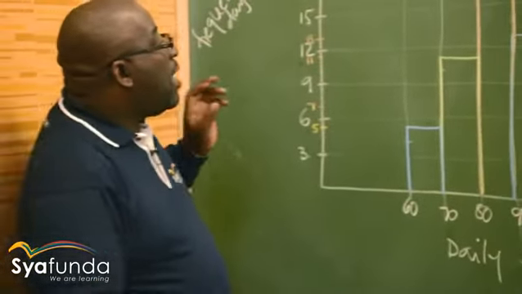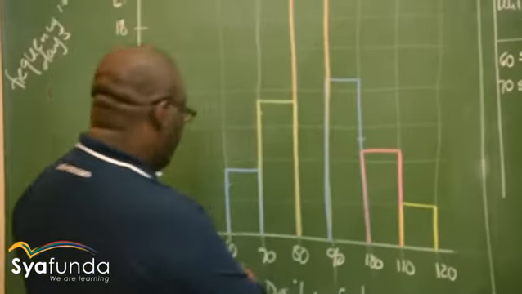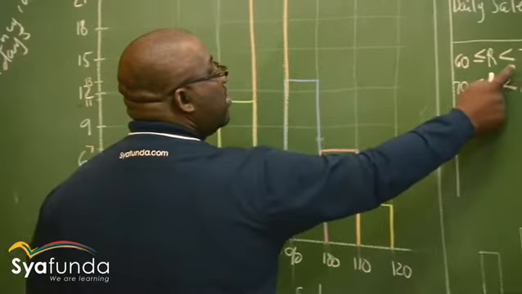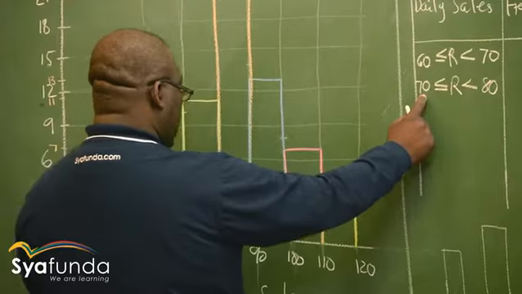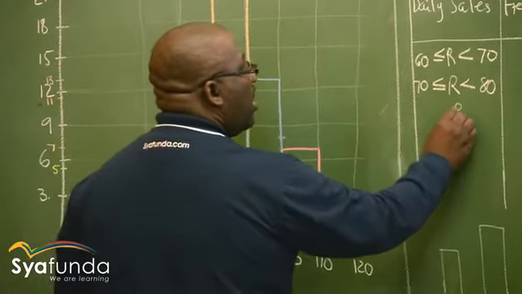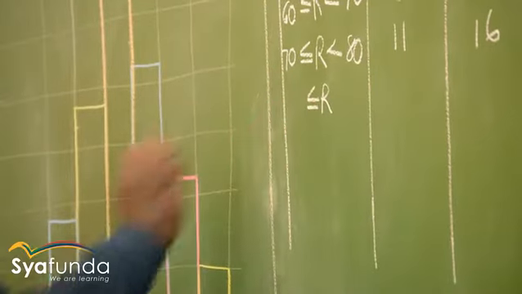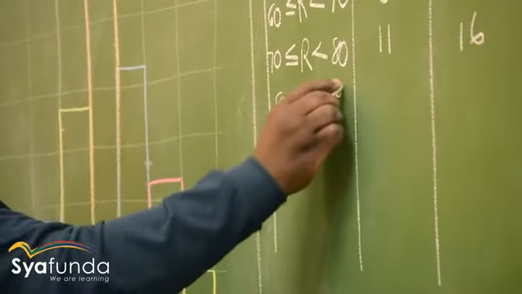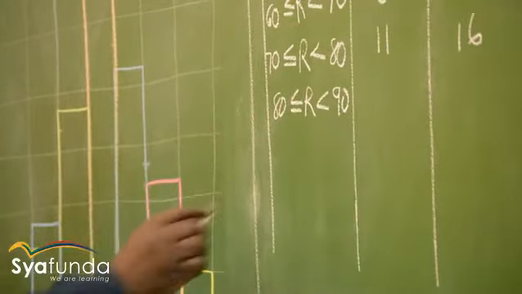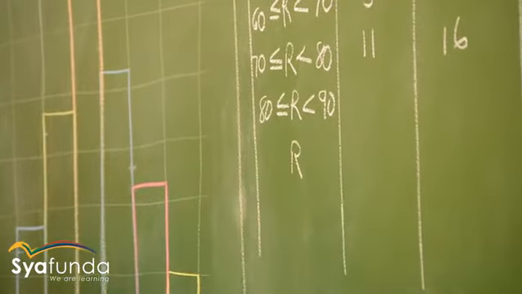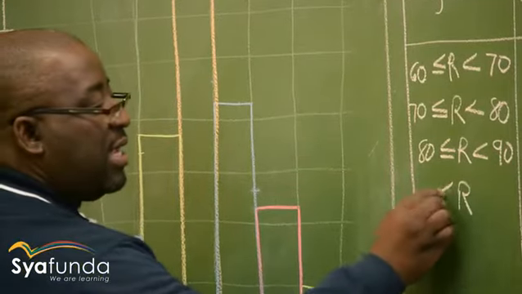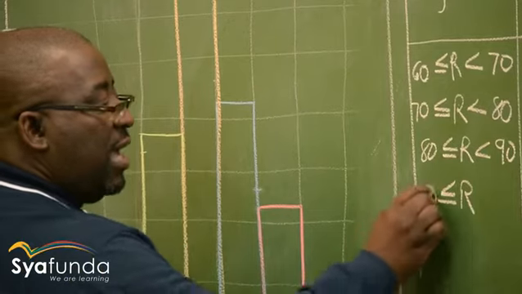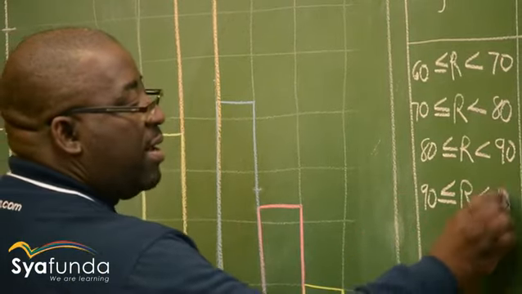Right. After this, let's look at this one. We've done between 60 and 70, and between 70 and 80. We're coming to this one, where our rands are between, I will start with 80 this side, less than 90. Let's just quickly finish this together because of time. The next one is greater or equal to 90, less than 100.